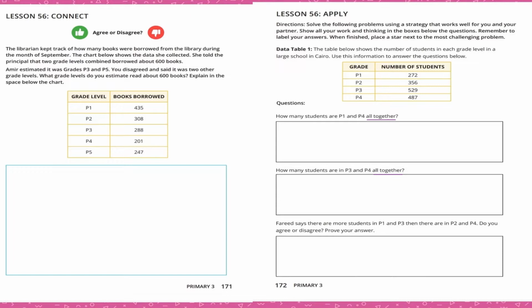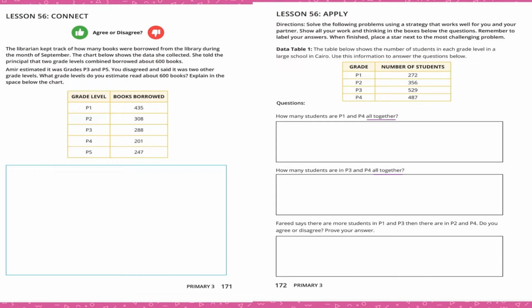The librarian kept track of how many books were borrowed from the library during the month of September. The chart below shows the data she collected. Here we have a table consisting of two columns, okay? The first column is about grade level, we have grade 1, 2, 3, 4, and 5.